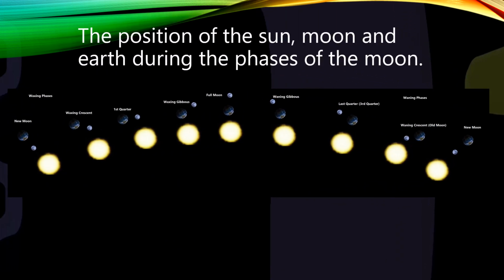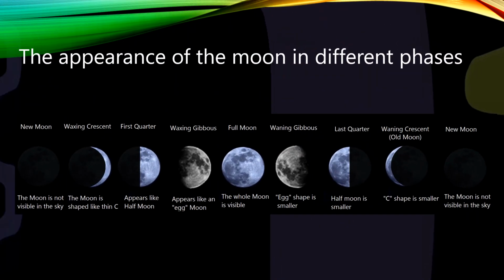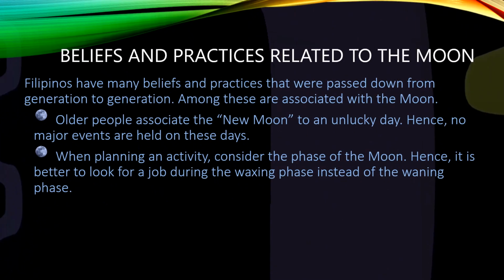This shows the positions of the sun, moon, and Earth during the phases of the moon. The appearance of the moon in different phases, and practices are passed on from generation to generation.